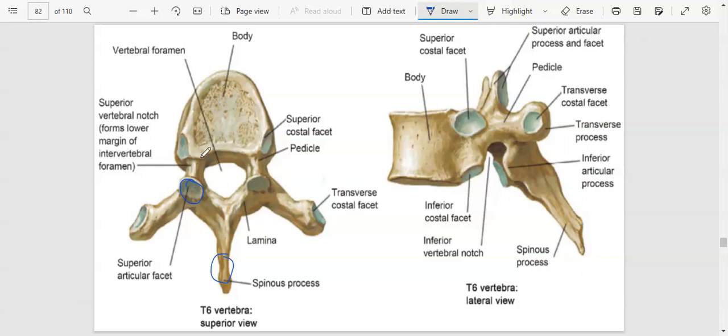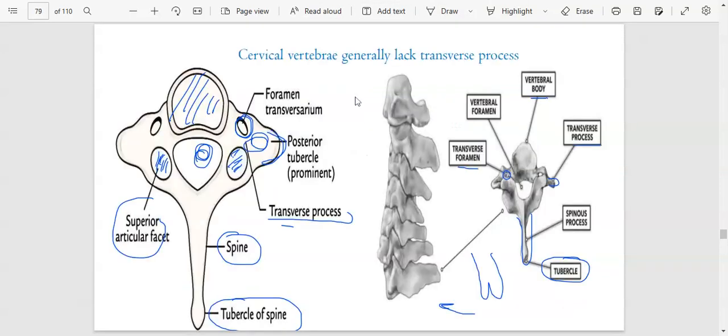Now, basically, you can see that for this one, they don't have a transverse foramen. Like those spaces we are seeing in the cervical bones, this space which is here.